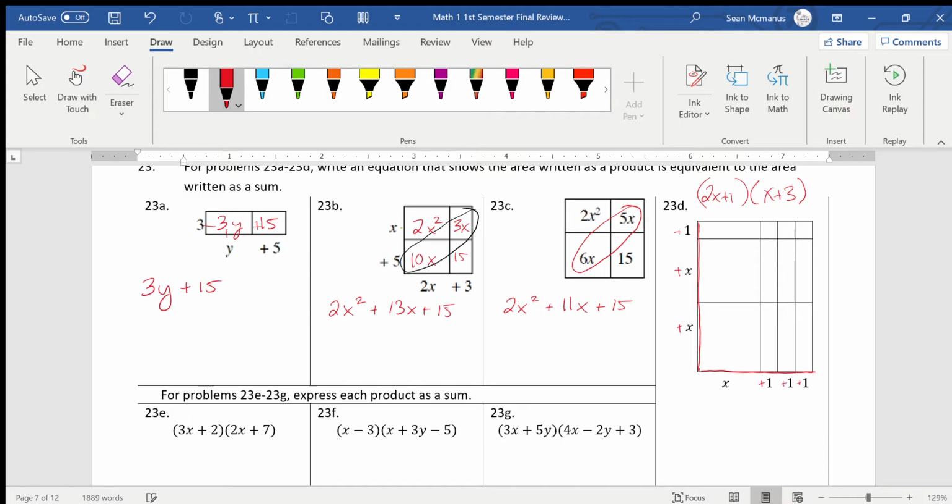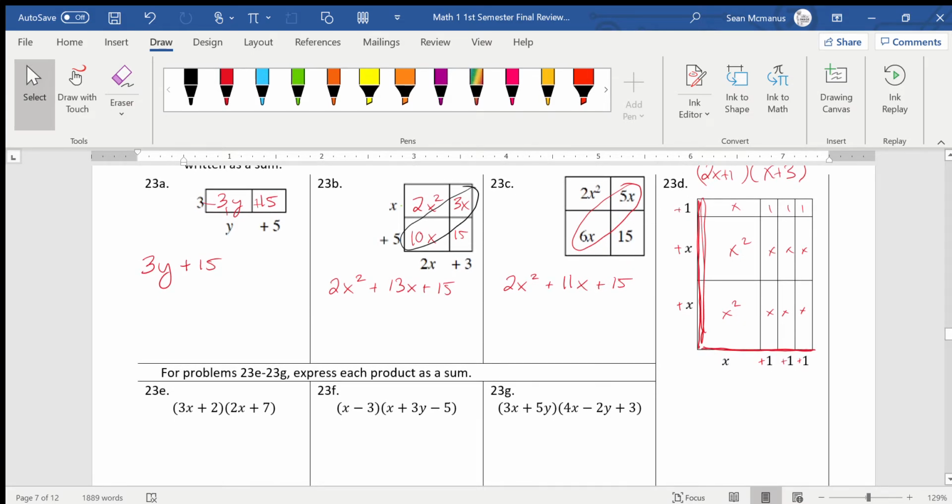And I think what might be easier is just to recognize that this side right here is 2 x's and a 1, and this side on the bottom is an x plus 3, and do it the way we've been practicing. We haven't been doing it this way very much, so I can do it this way also and fill in each individual piece and add them all together, but I'll get the same answer as if I do it the other way.